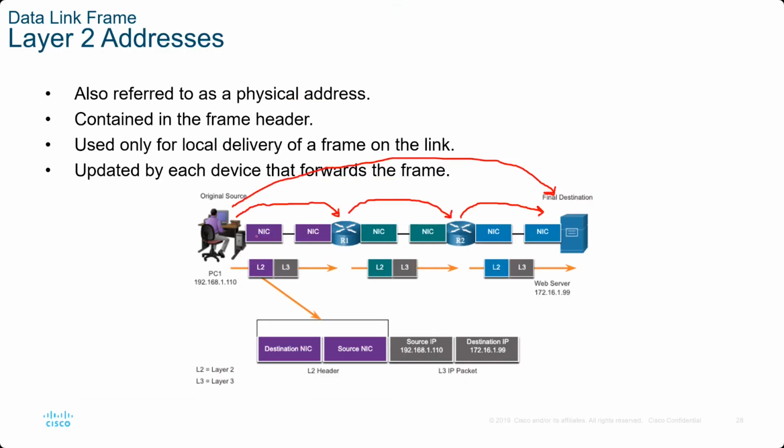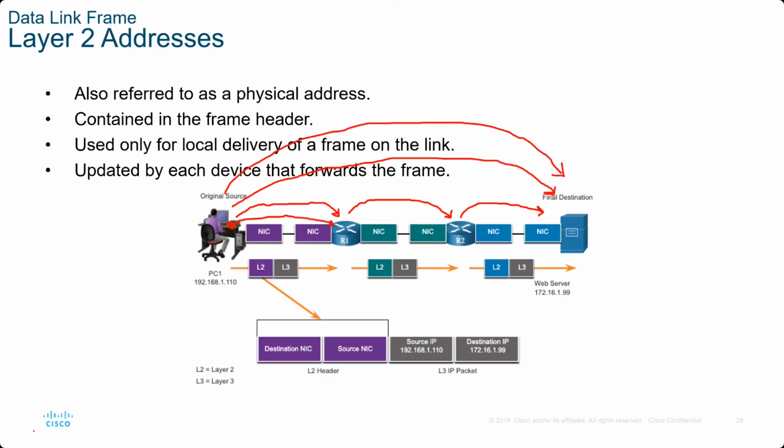Okay? So we studied in the beginning that the data link layer is responsible for sending a frame from one network interface card to another network interface card in the same network. So your computer has a network interface card. It has to reach the network interface card of the R1 port. That is the only responsibility of the data link layer. It does not have the responsibility to send it all the way from here to here.